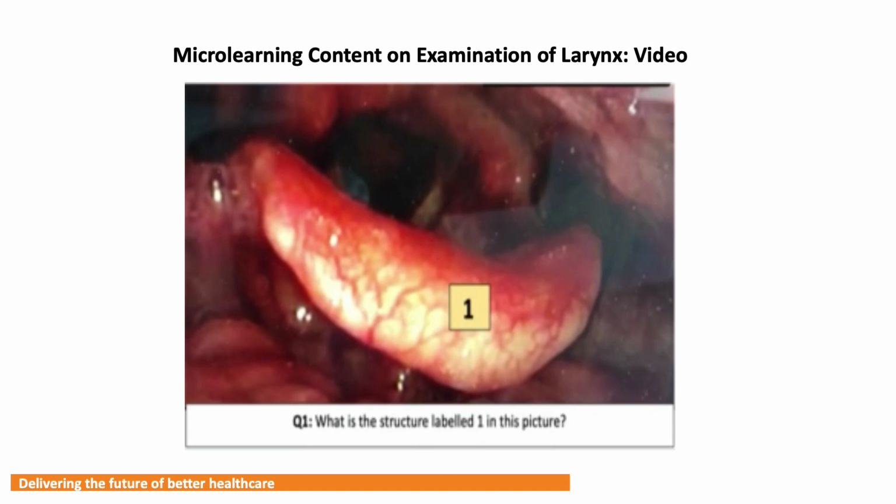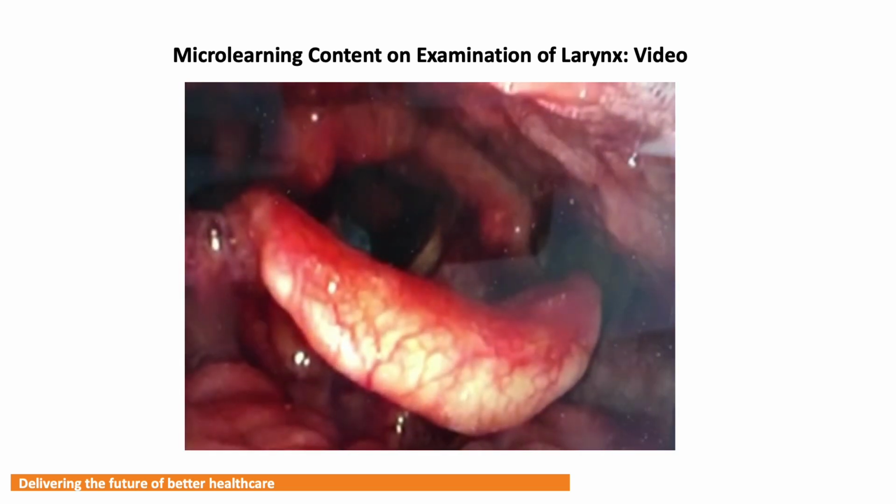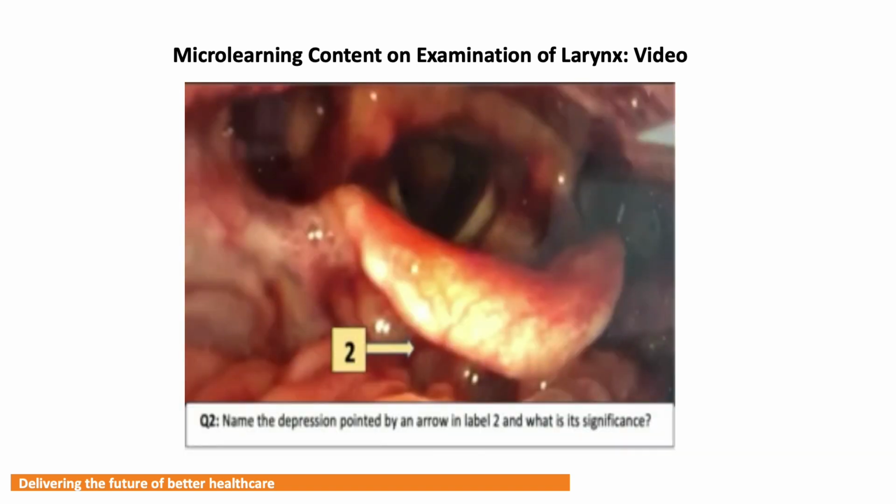Question number 1. What is the structure labeled 1 in this picture? Question number 2. Name the depression pointed by an arrow in label 2 and what is its significance?